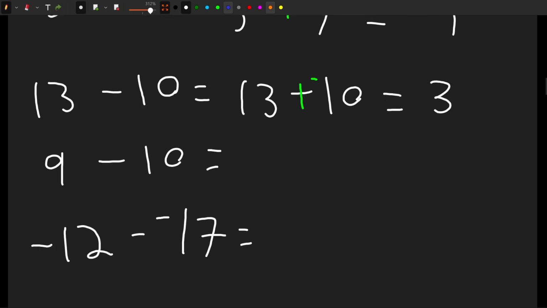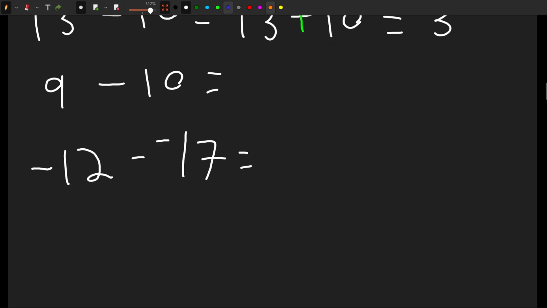And we're going to have 2 more to do. 9 minus 10. Change the sign to addition, make this a negative, and so now we have 9 plus negative 10, which becomes negative 1. All right. Now, the last one here is kind of tricky, but it's meant to be kind of tricky.